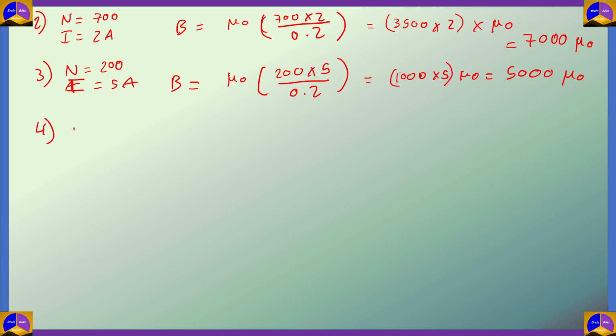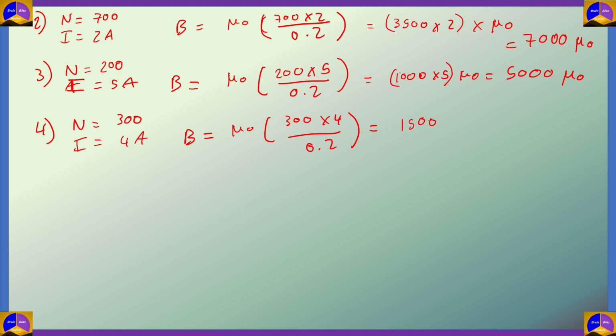Finally, we have option 4. Here we have the value of N as 300 turns, and the current is equal to 4 amps. So the magnetic field strength is equal to mu naught times 300 into 4 over 0.2. So again, 300 over 2 gives you 150. 150 times 10 is 1500 times 4. We multiply that with mu naught to get our answer as 6000 mu naught.